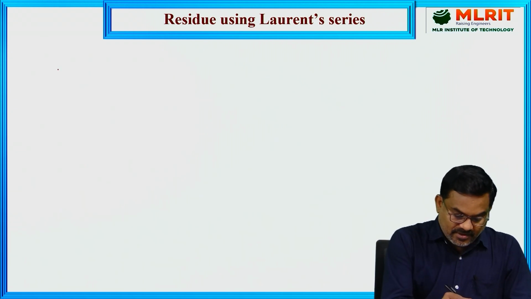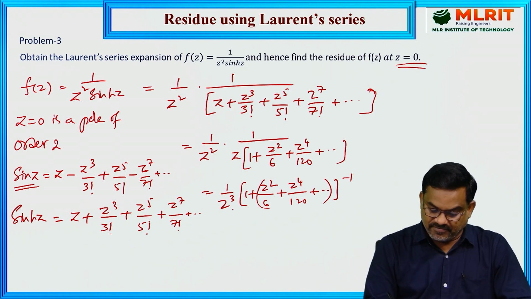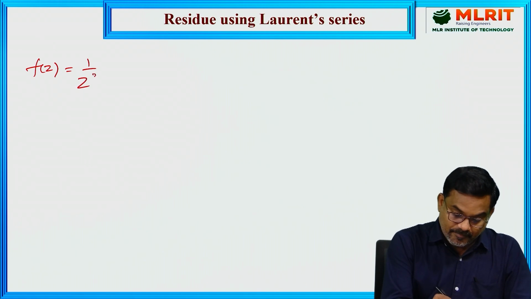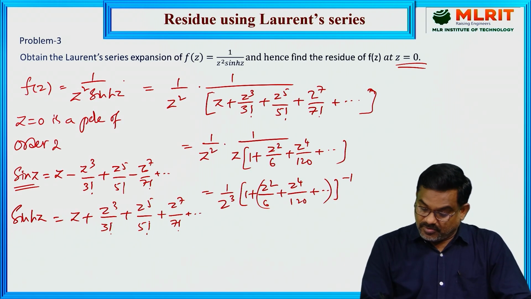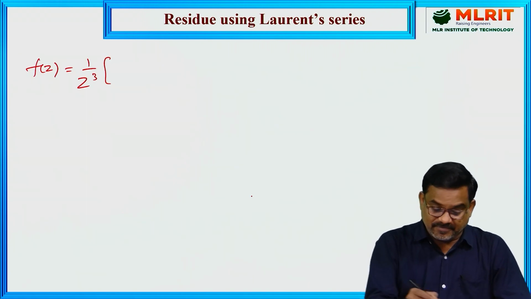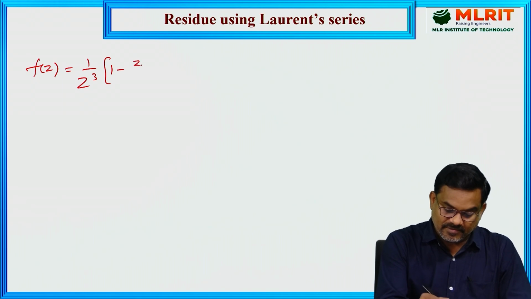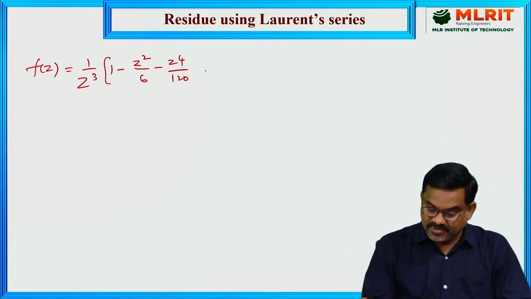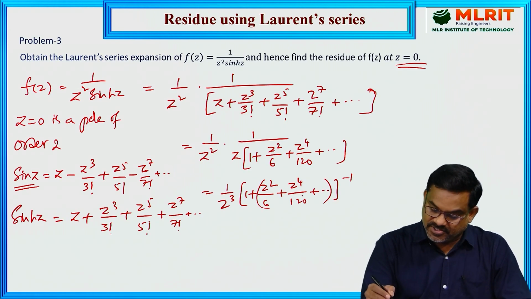So that means the Laurent series expansion of the function f of z is 1 by z cube into 1 minus z square by 6, z power 4 by 120, plus the whole square of this function.